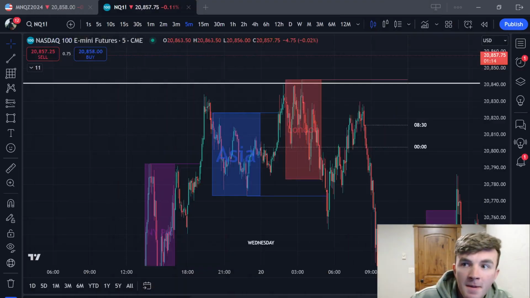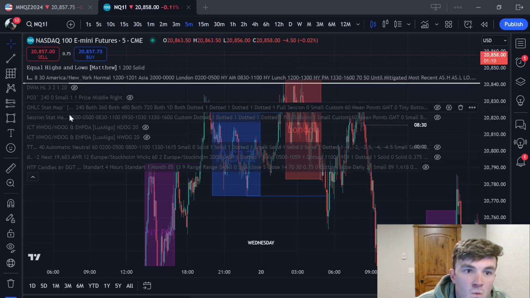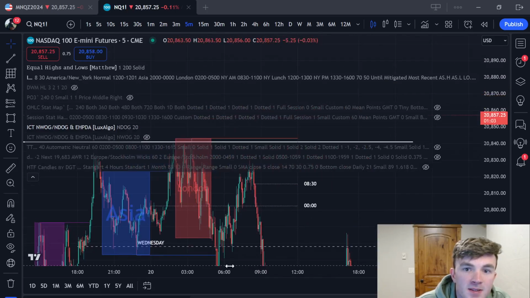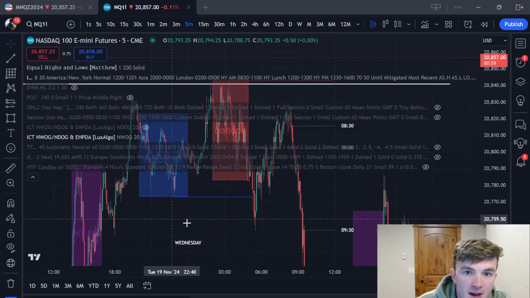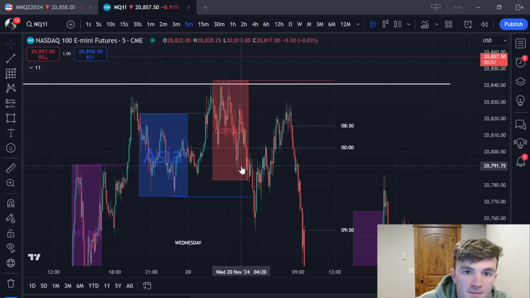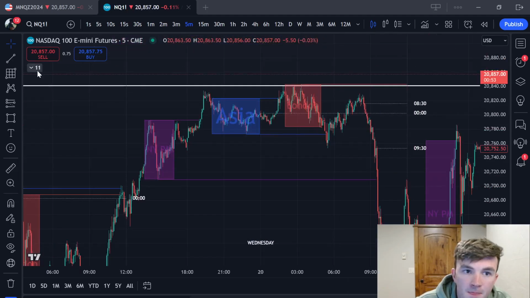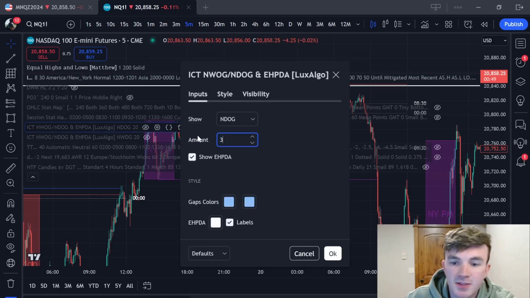Let's see. So my first thought is maybe there was an opening gap. Well, this opening gap got respected, but that's not the one we're looking for. What about new week opening gaps? No. Let's try and up the amount just in case we're missing any.